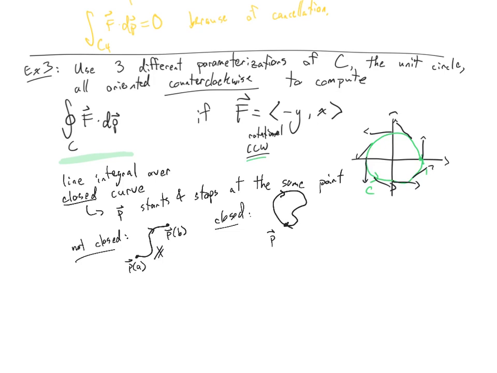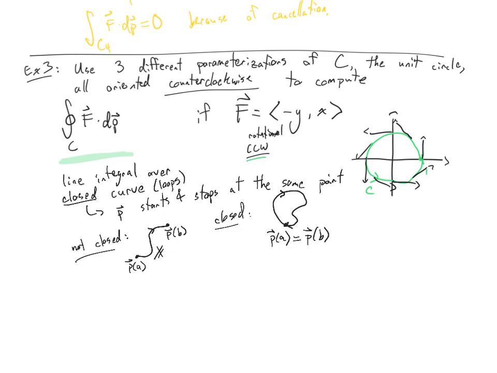But over here, P at time A and P at time B have to be the same point. Sometimes people call closed curves loops, although they can also be a little bit more complicated than loops, so sometimes that is reserved for a different definition, but you can think of them as loops. And this integral notation with a circle in it is to remind you that you're doing an integral over a loop, and we're going to see increasingly that that matters.